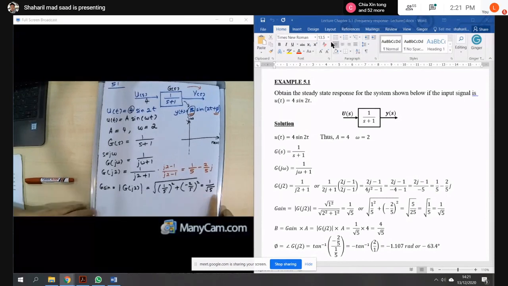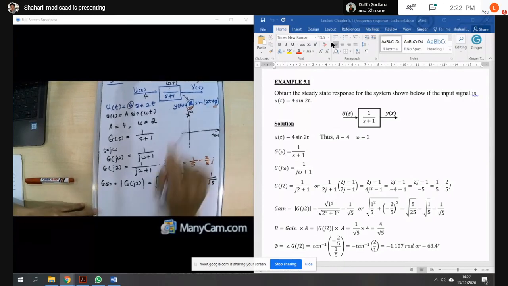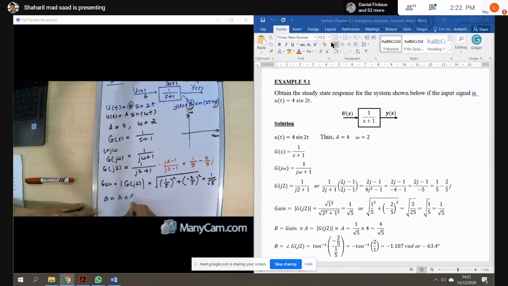Then B equals A times the gain. A is 4, times 1 over square root 5, so B is 4 over square root 5.